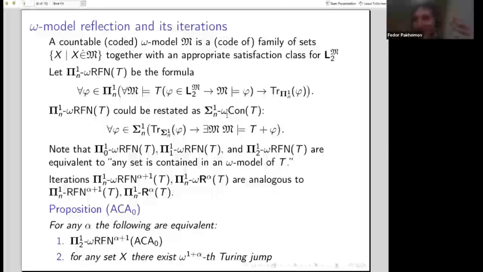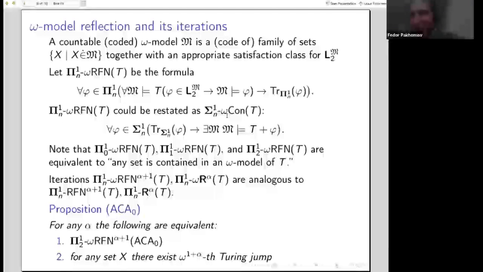And of course usually they were not in terms of this bold-faced L2 language, but rather about formulas with parameters, but it's just equivalent, so it doesn't really matter here. An important point is that Π12 omega model reflection is kind of the weakest form of omega model reflection.